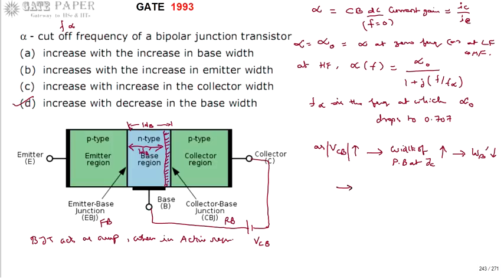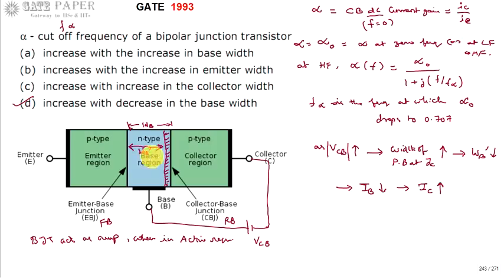As the effective base width reduces, fewer recombinations take place in the base, which makes less base current. So IB reduces. Whenever IB reduces, the collector current increases, because more charge carriers coming from the emitter are reaching the collector.